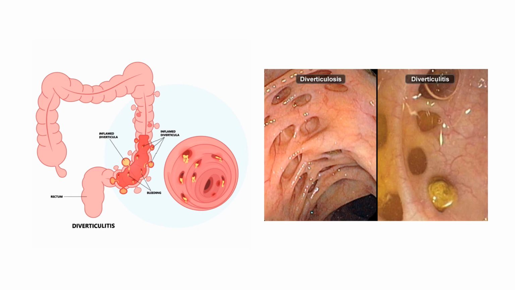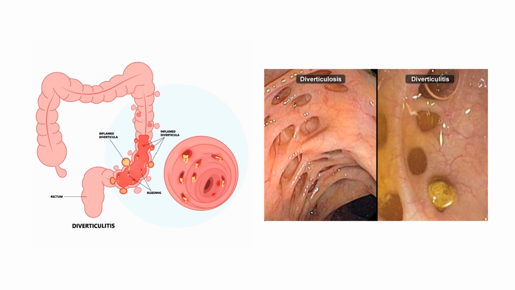To the right in the circle, it's going to show you what the inside of your sigmoid colon looks like when the diverticula is inflamed. In the lumens, you see bleeding, you see inflammation. So I'm sure that can be a pretty painful thing.